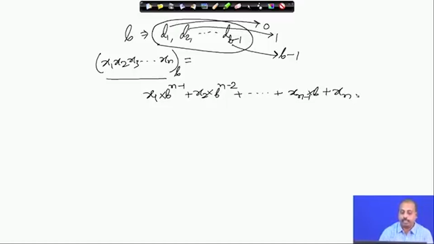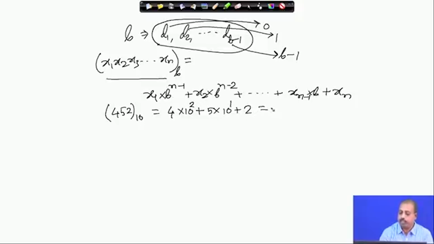If we take an example, suppose we have the number 452 to the base 10. How does it corroborate with this definition? It is 4 into 10 to the power of 2, where the value of n is 3, plus 5 into 10 to the power of 1, plus 2.